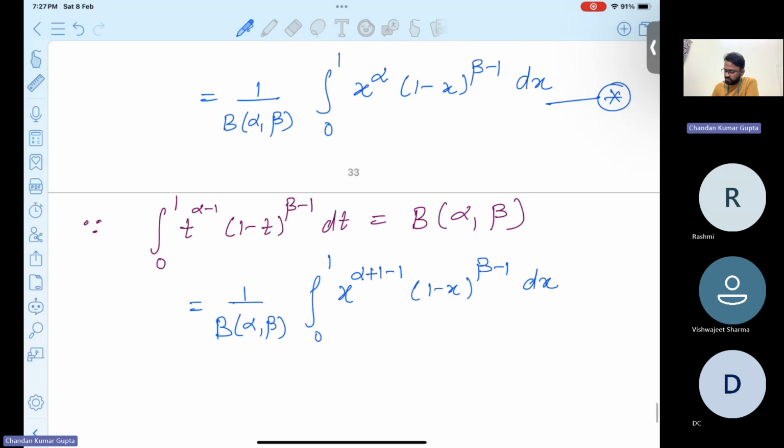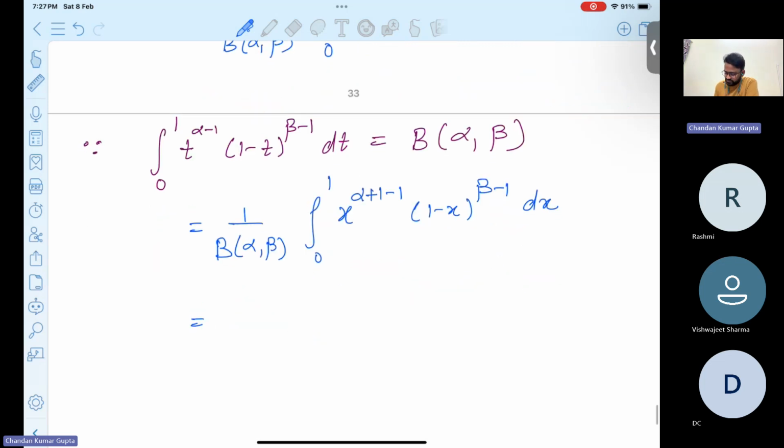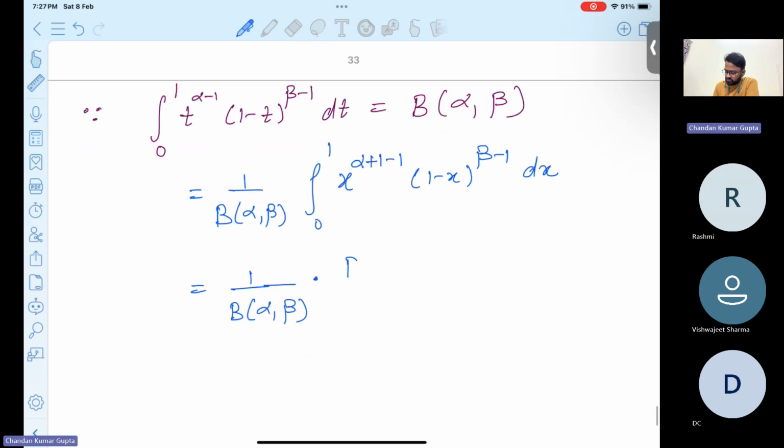Okay, so comparing the red one and the blue one, we can write like this, right? 1 upon beta function with alpha beta into beta function with alpha plus 1 beta.